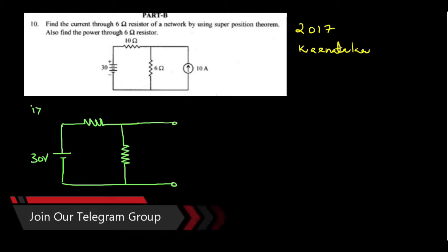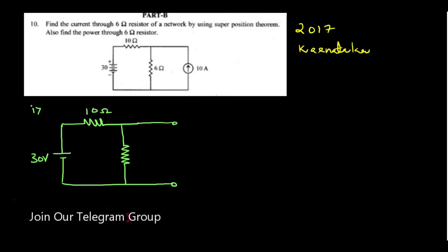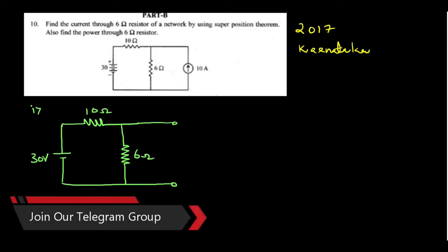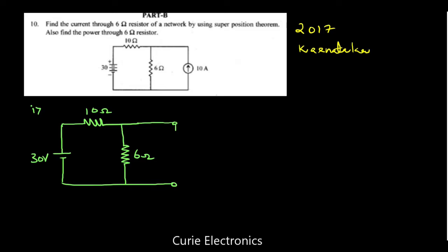This is 10 ohm, this is 6 ohm. The current source we have opened. Now we have to find the current flowing through the 6 ohm resistor.